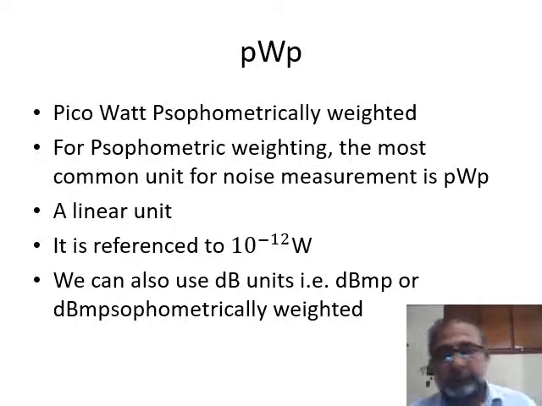The other way of measuring the noise, which is the European standard, is called pWp, and pWp stands for picowatt psophometrically weighted. For psophometric weighting, the most common unit of noise measurement is pWp, which is a linear unit, and it is referenced to 10⁻¹² watts, or 1 picowatt.